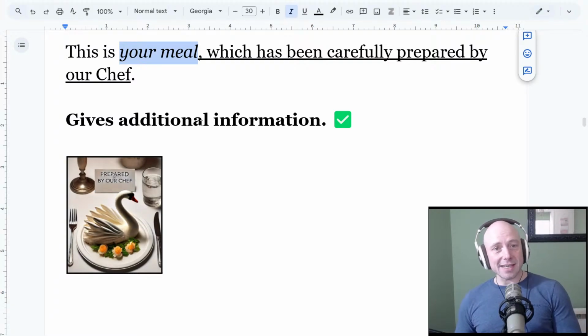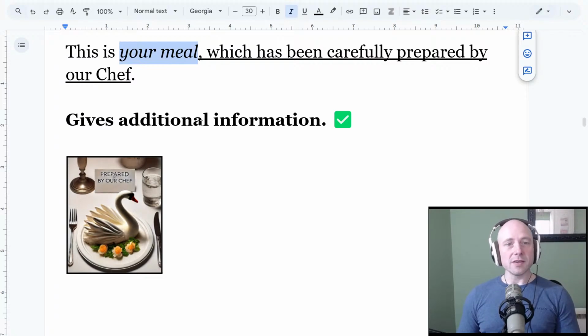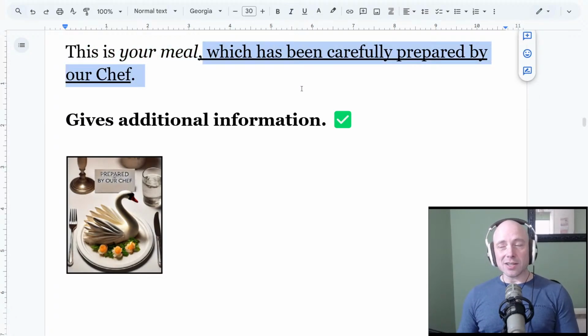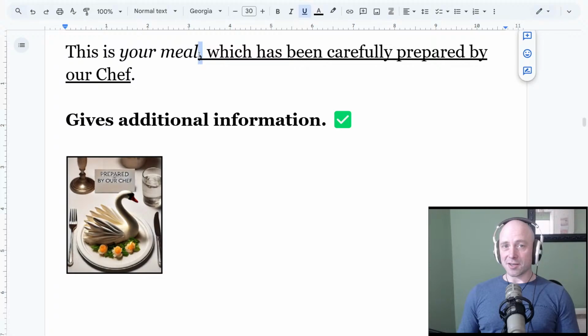And the sentence is complete without the relative clause. So you can see there, noun phrase, your meal, sentence complete. But we can add additional information using a non-defining relative clause. Notice the comma.